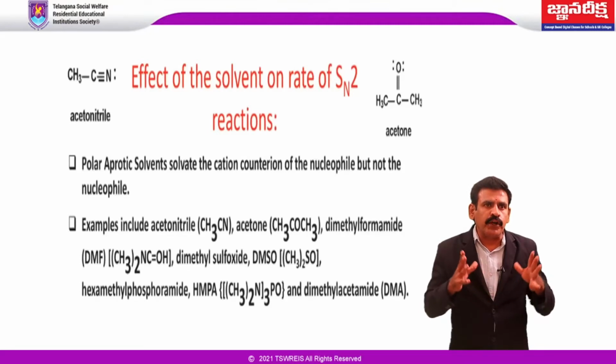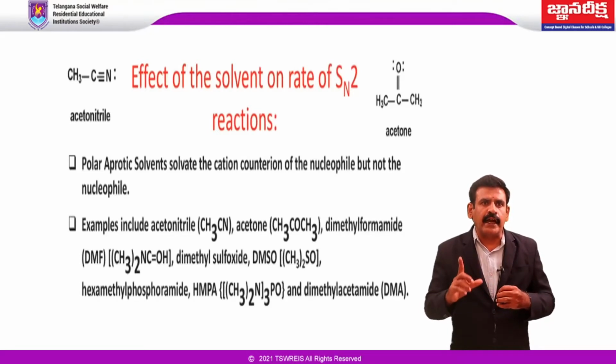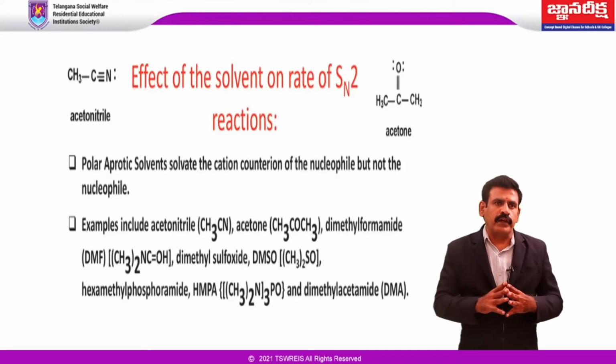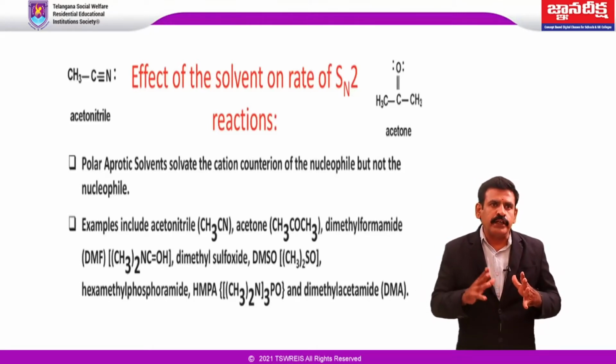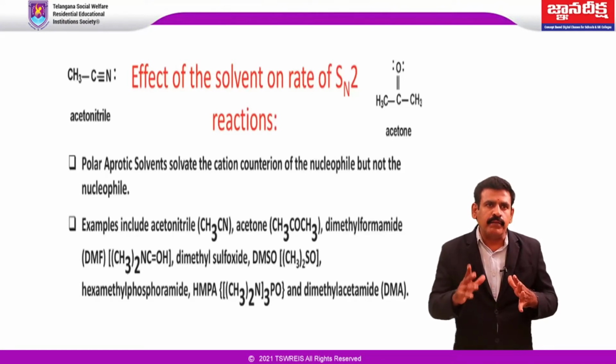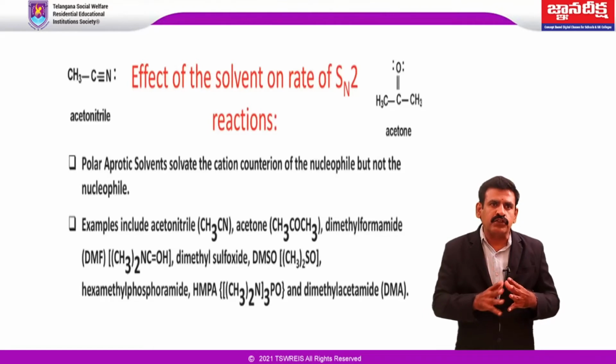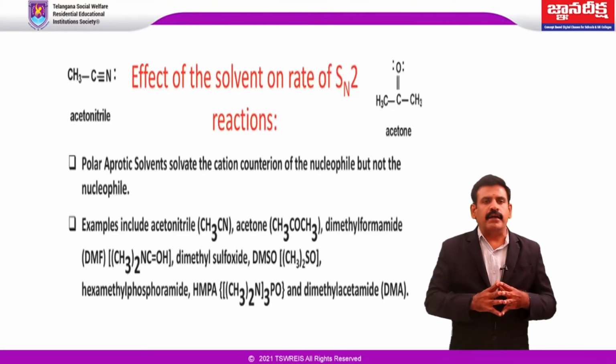Polar aprotic solvents solvate the cation counterion of the nucleophile but not the nucleophile. Examples include acetonitrile, acetone, dimethylformamide DMF, dimethyl sulfoxide DMSO, hexamethylphosphoramide HMPA, and dimethylacetamide DMA.